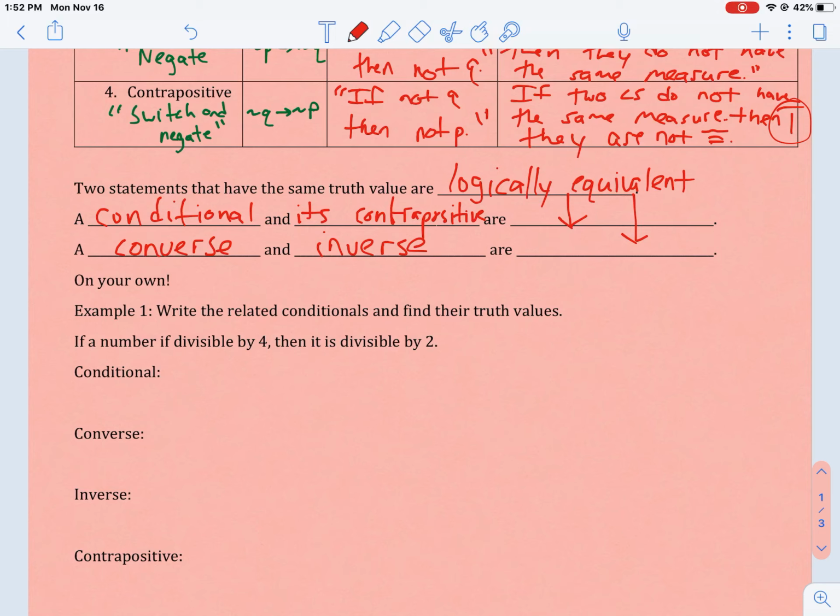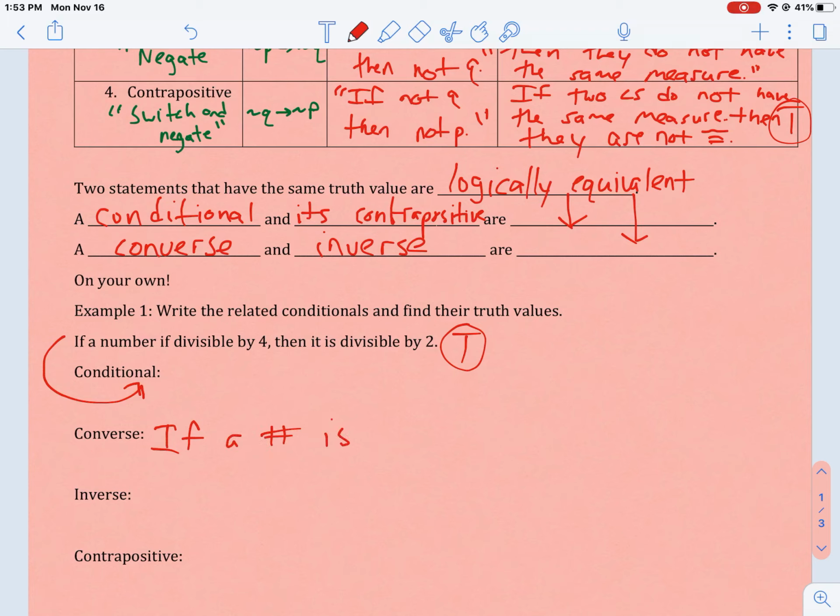So if we want to do an example, write the related conditionals and find the truth values. Okay? So the conditional is this. If a number is divisible by 4, then it is divisible by 2. And this is true, right? A number divisible by 4 is divisible by 2.